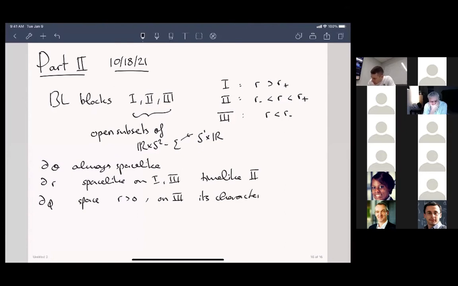And this will be the cause of closed time-like curves, which we'll see, though it's space-like when r is very much less than minus 1, sorry. And then dt is time-like as you'd expect outside the black hole.